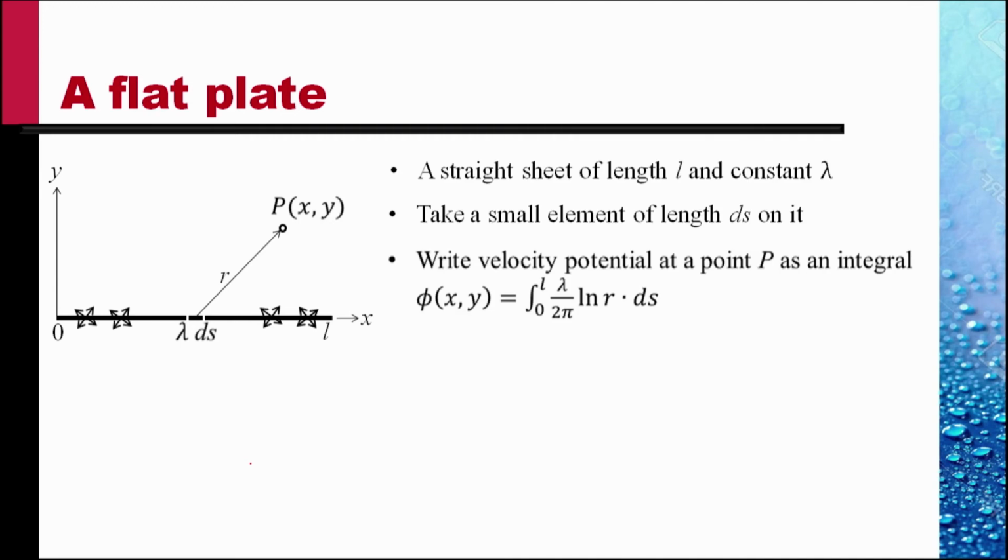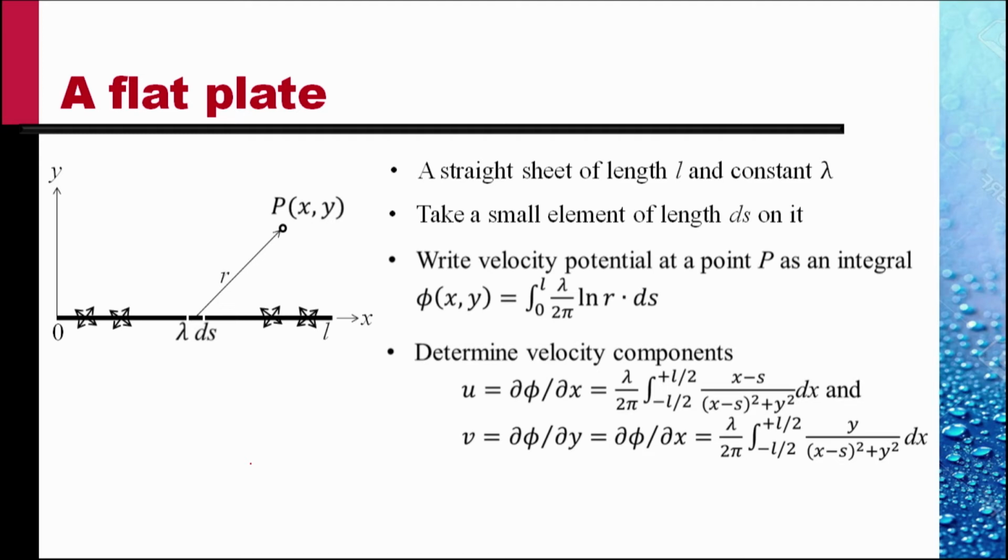We write the velocity potential at point P as an integral, phi xy is equal to the integral from 0 to L of lambda by twice pi ln r ds. Lambda by twice pi ln r ds is the contribution due to length ds. So we integrate over S from 0 to L to get the total contribution to potential at that point.